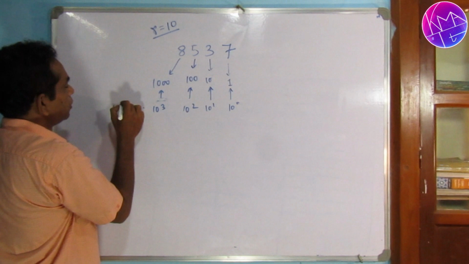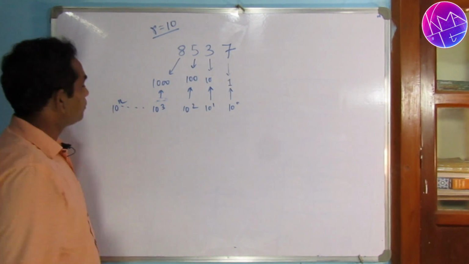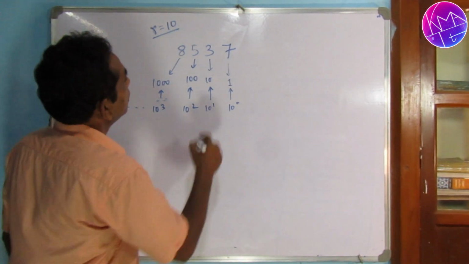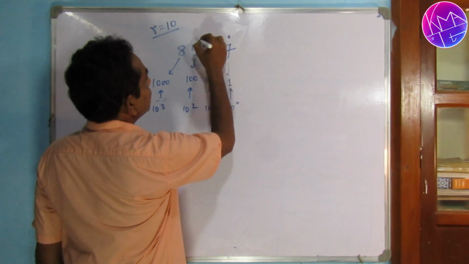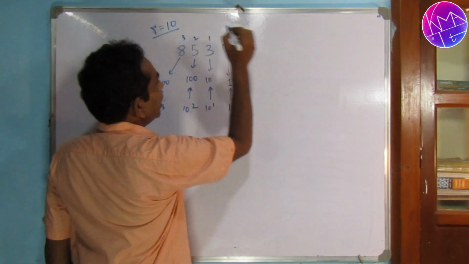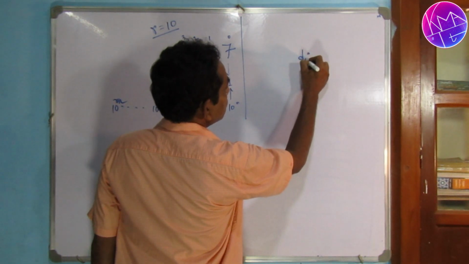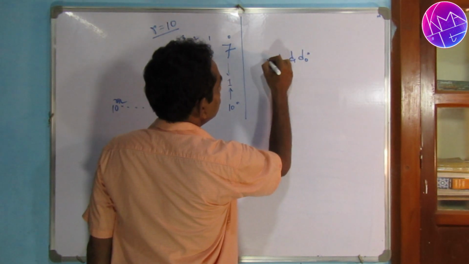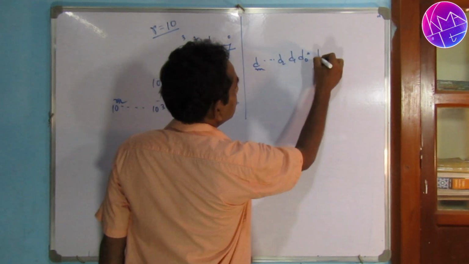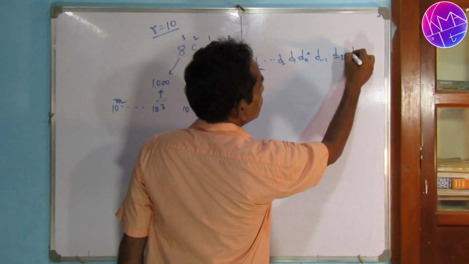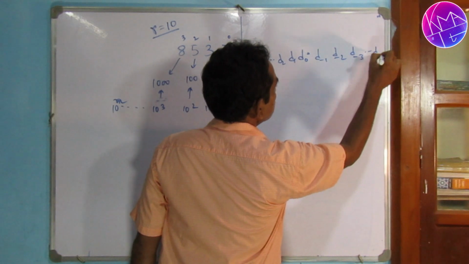You can have 10 to the power n or m. And as you know, these are the position values. As we have seen, if this is the decimal point, D0, D1, D2, Dm, D minus 1, D minus 2, D minus 3, D minus n.